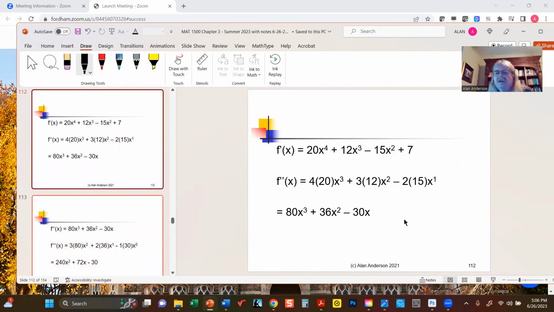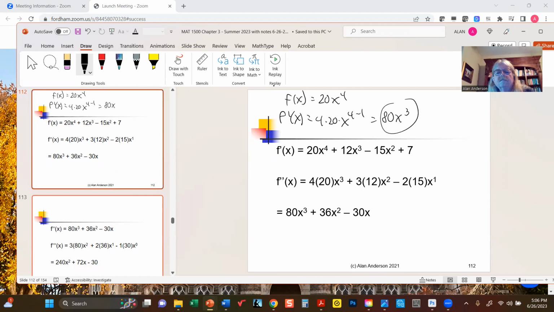So we're going to reapply the power rule here. For 12x cubed, that's 3 minus 1.